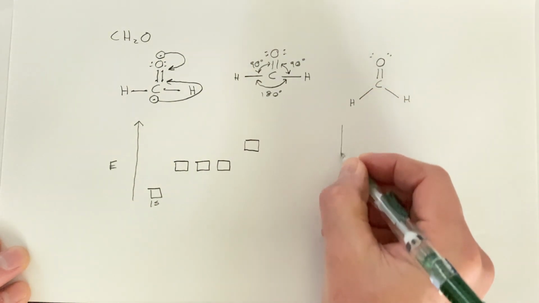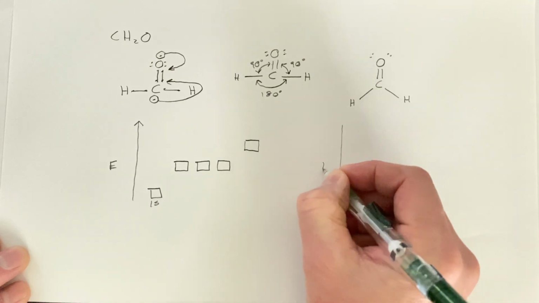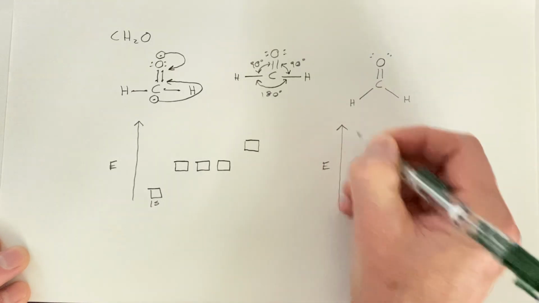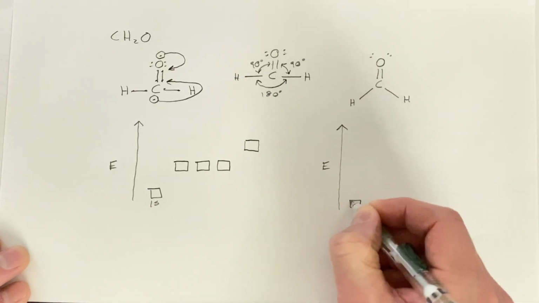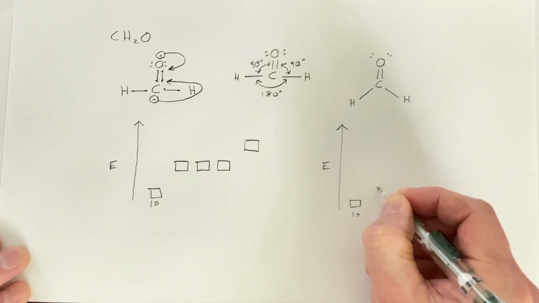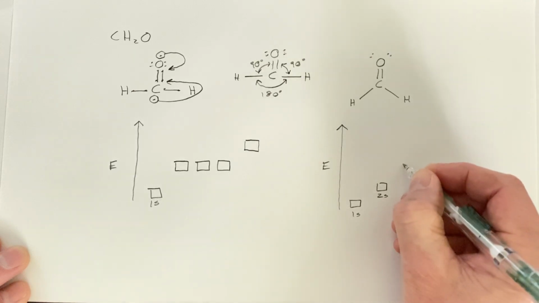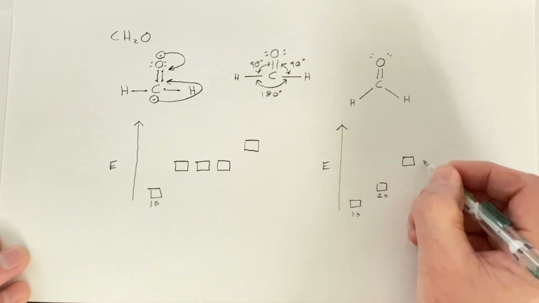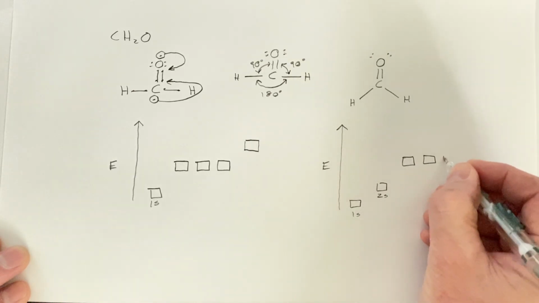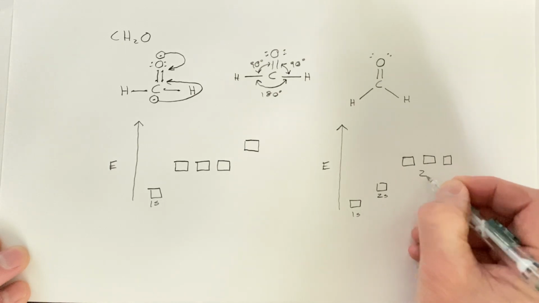Let's again consider the unbonded carbon. We know that we have a 1s orbital. We know that we have a 2s orbital. And we know that we have 3 2p orbitals.